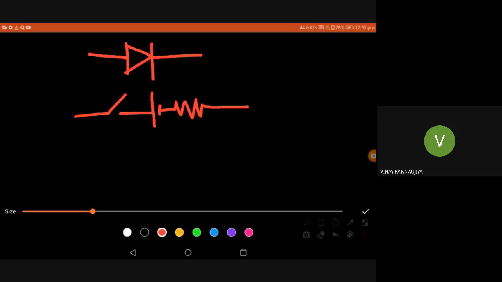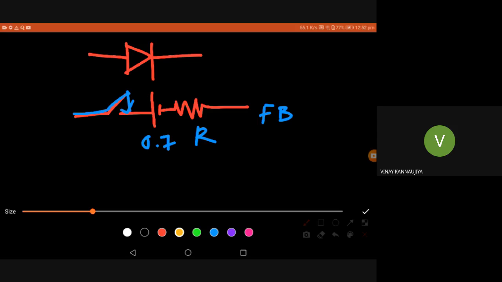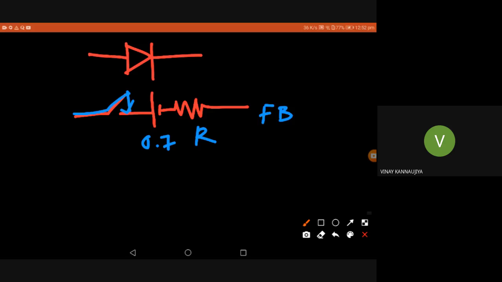The voltage of this battery is the same as previously, 0.7. This R is a varying resistance. Similarly, when reverse biased, the switch is off, and other things remain the same.